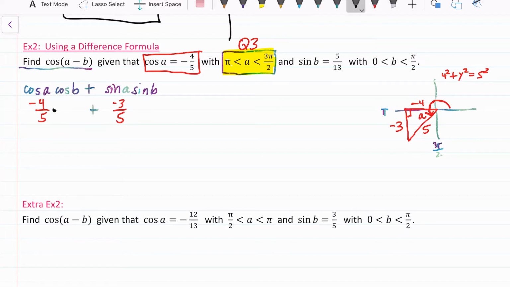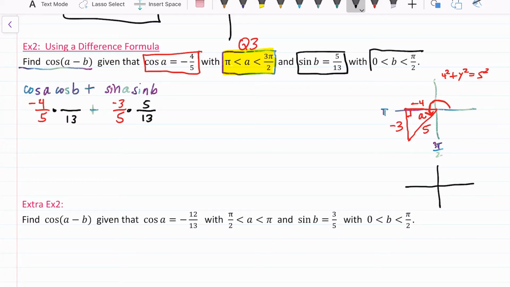So next, we're going to deal with angle B, and angle B will also be a fraction. They already tell us that sine of B is 5/13, which means cosine of B will also have a 13 in the denominator because it has the radius in the denominator. You can use the same picture if you want.